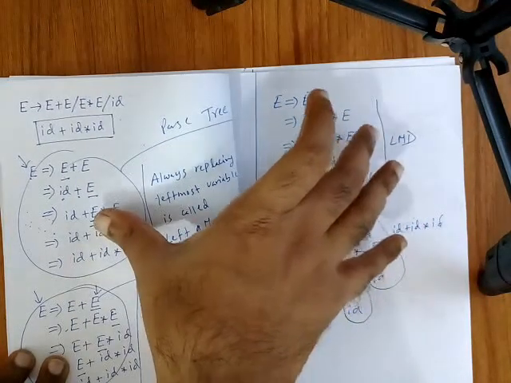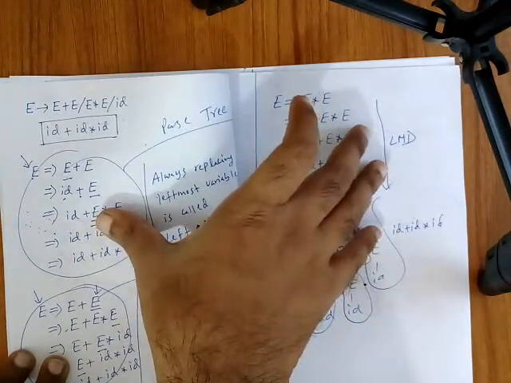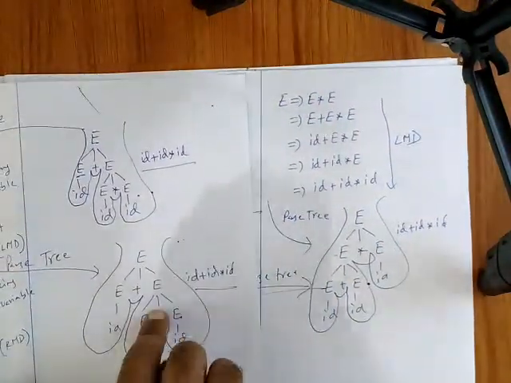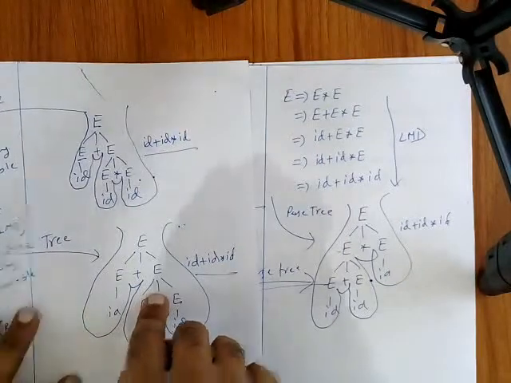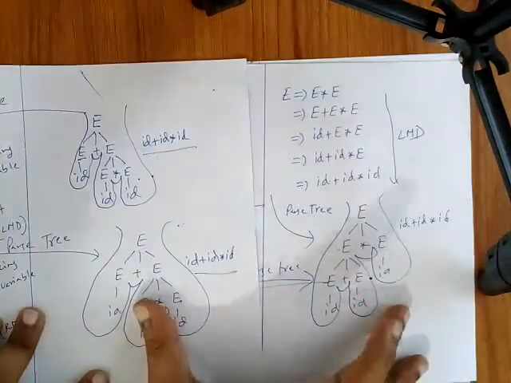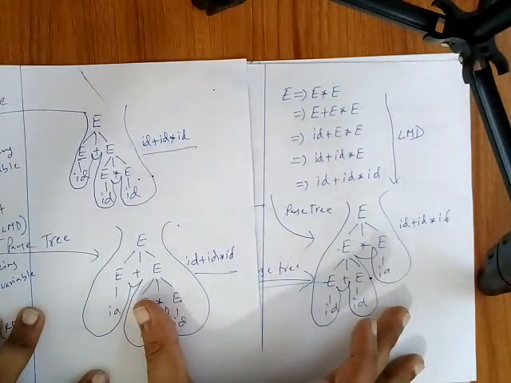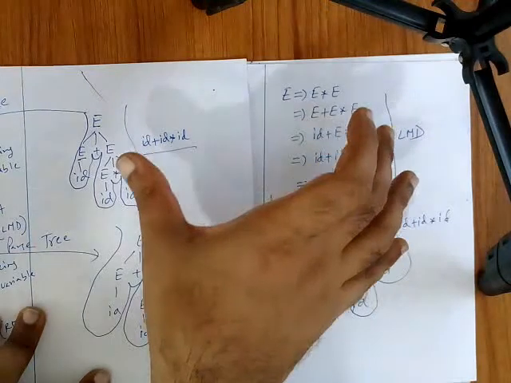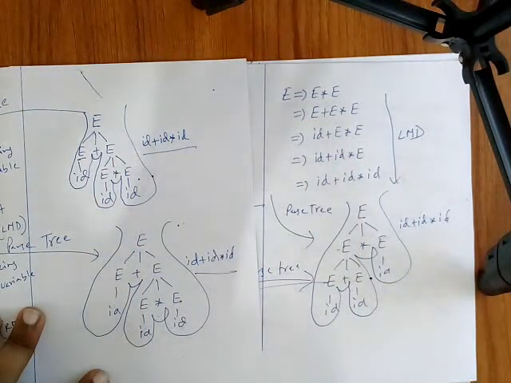How come they are equivalent? It produces one parse tree, which is this, and it produces another parse tree, which is this. Are these two parse trees the same or not? They are not the same parse tree. Am I right?